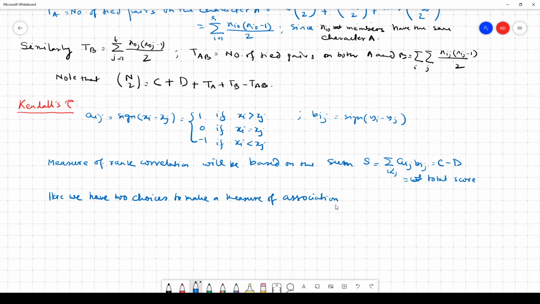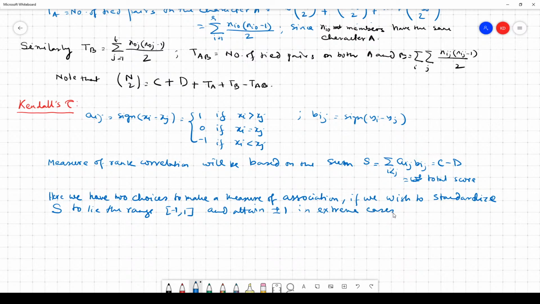If we wish to standardize S to lie in the range -1 to +1 and attain plus or minus 1 in extreme cases of complete disassociation and complete association.